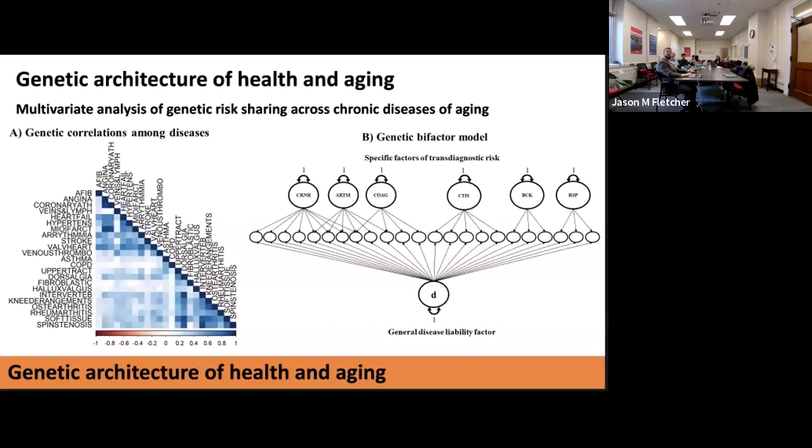But we additionally found these 6 specific factors of transdiagnostic risk for more specific clusters. So the first is a transdiagnostic factor for coronary diseases, grouping conditions affecting the blood vessels that supply blood and oxygen to the heart muscle, like angina, myocardial infarction.